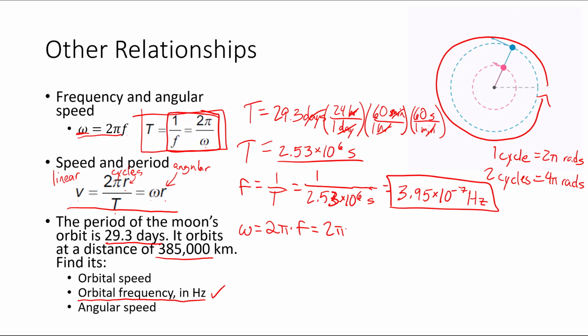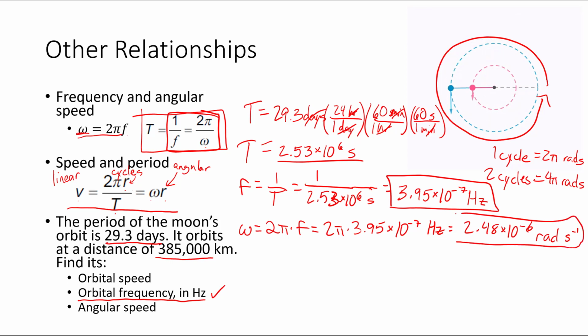So it's 2 pi times 3.95 times 10 to the minus 7 hertz. 2 pi times 3.95 times 10 to the minus 7 is just 2.48 times 10 to the minus 6. And the units are not hertz anymore, we're omega, so that's going to be radians per second. And it's a bigger number than our frequency because we go through more radians in the same amount of time than we do cycles.